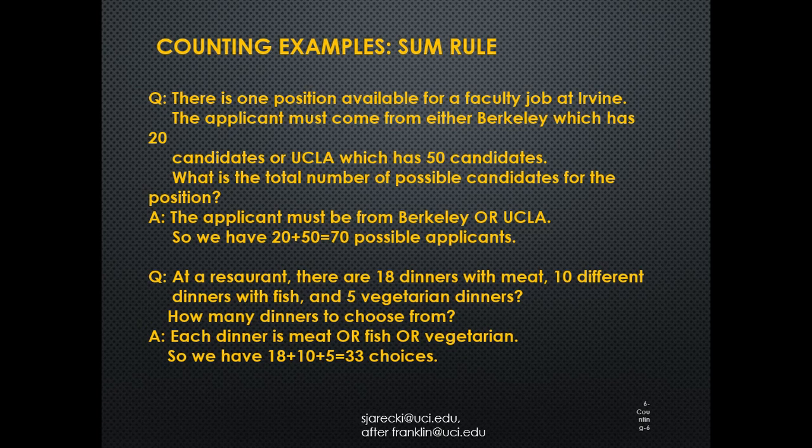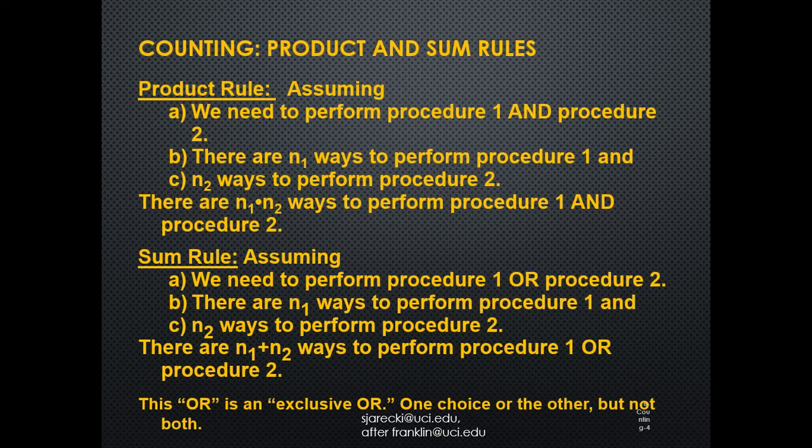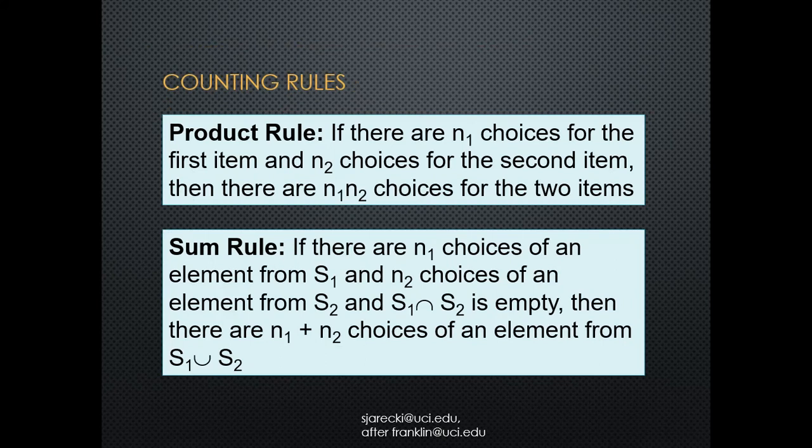Why not apply the product rule? Okay, let us go back to the previous slides. The previous slide states that in the sum rule, there are n1 choices of an element from S1 and n2 choices of an element from S2. So in our example, our sets are meat, the fish, and the vegetarian. For S1, there are n1 choices, which is 18 for meat.